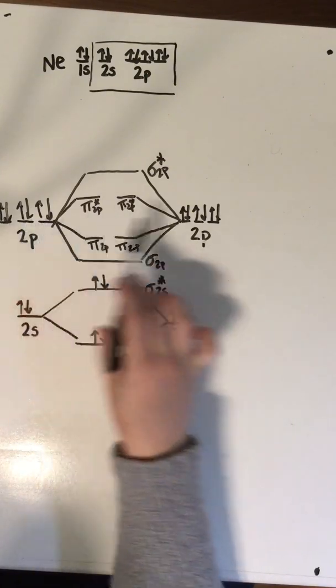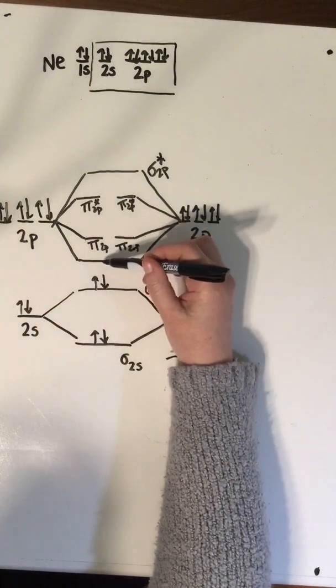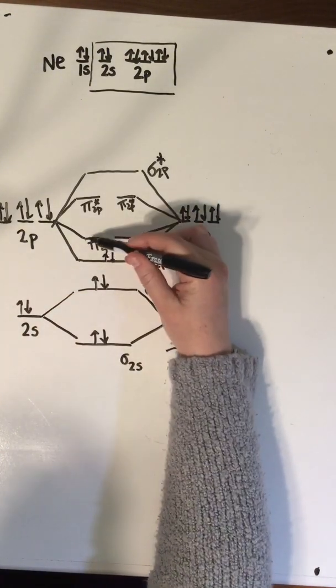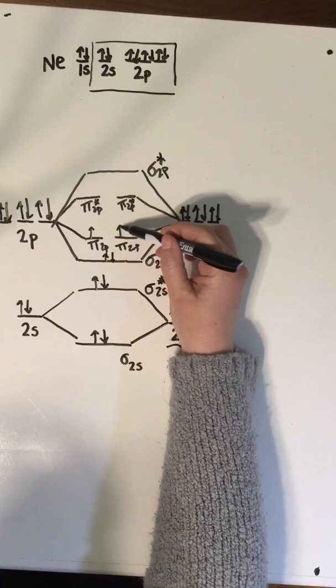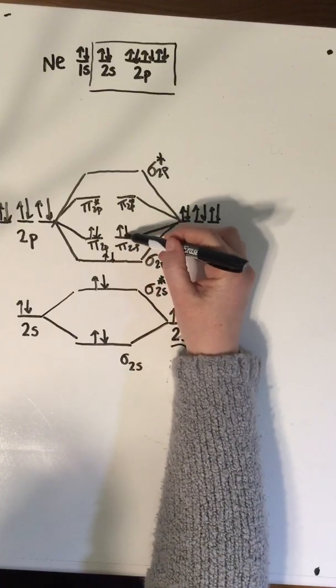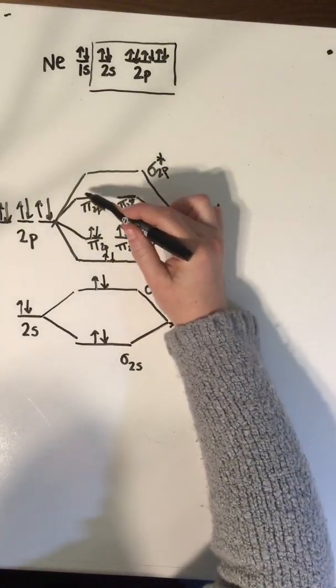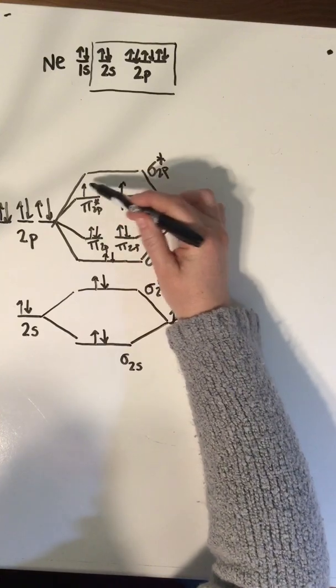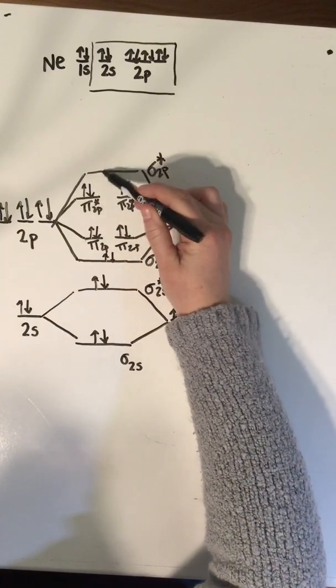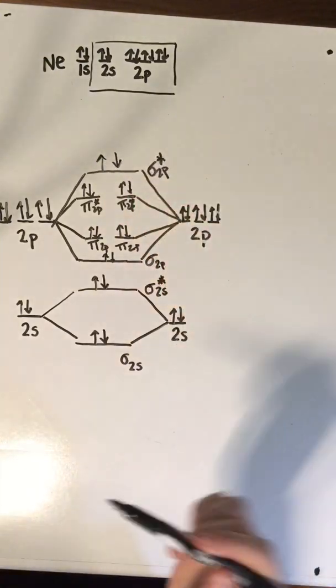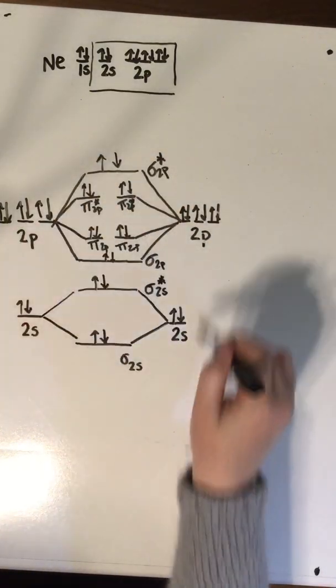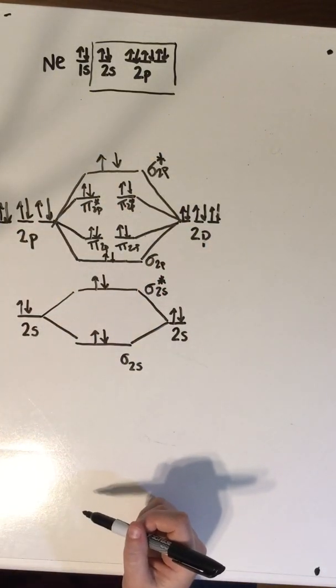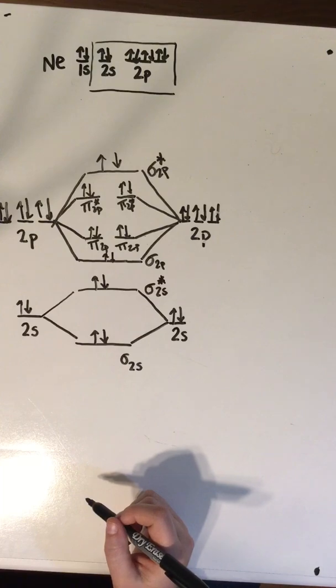Here we need 2, 4, 6, 8, 10, 12 total, so again, bottom. And then we still use Hund's rule from back in Chem 1, where if they're equal energy, we fill them in each with one before the other gets a second one. And finally, number 11 and 12 go on top there. So this would be the complete molecular orbital diagram for a molecule of Ne2.